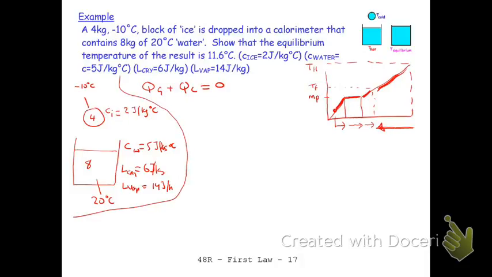We work through these one at a time, and we say, well, I have the mass of the ice times specific heat for ice times the temperature change for the ice. That's just getting that piece of ice to its melting point. And then we're going to have the mass of the ice times the latent heat for crystallization. That's to melt it.